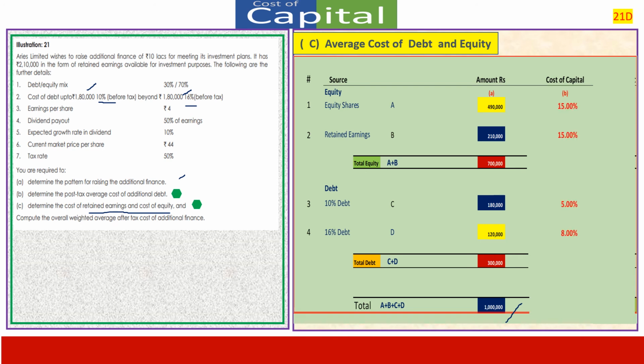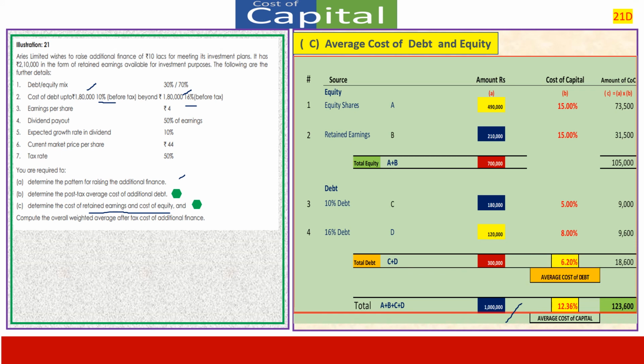For equity, we found 15, and 10% was 5. This was 8. What is the amount? Simply multiply the two. 15% has to be multiplied with the weight. 15% into 2,10,000, 5% into 1,80,000, 8% into 1,20,000, and in total we get 1,05,000, 18,600, 1,23,000.